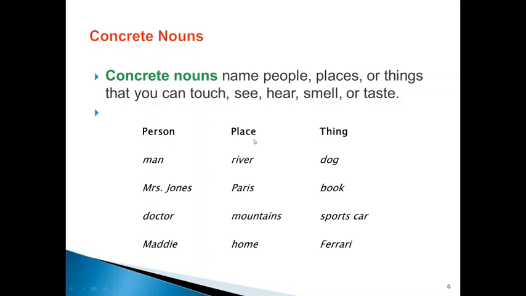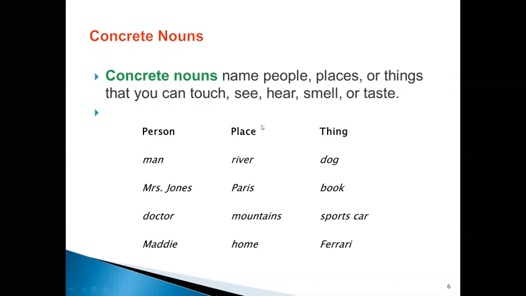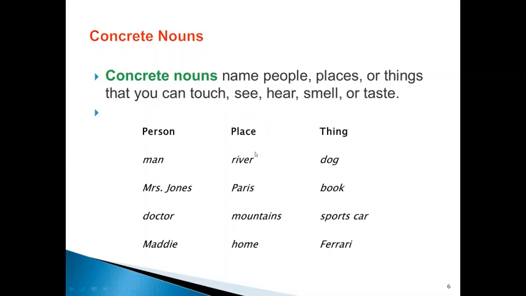The concrete nouns also include names of places, such as river, sea, or even name of city, Paris, mountains, home, and some other similar forms.